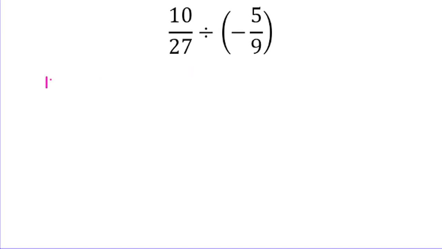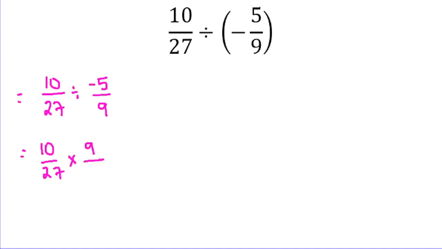So over here I've got 10 over 27 divided by -5 over 9. I'm going to use the reciprocal rule, and rewrite this as 10 over 27 times 9 over -5. Notice I just took the numerator and the denominator and switched them.